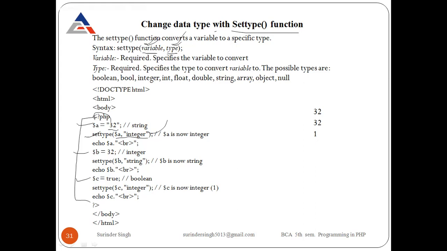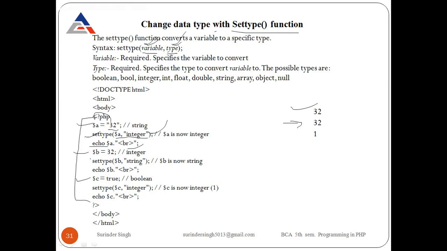We pass A and the new data type integer. You have to pass the data type in double quotes. Then we print A, and a line break moves the cursor to the next line.